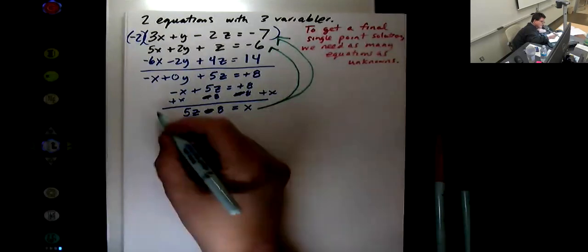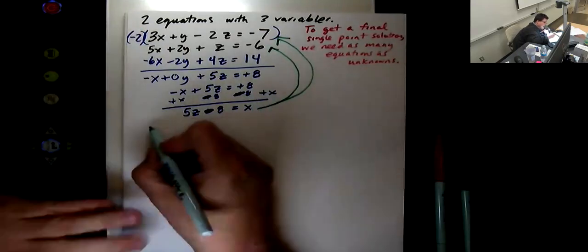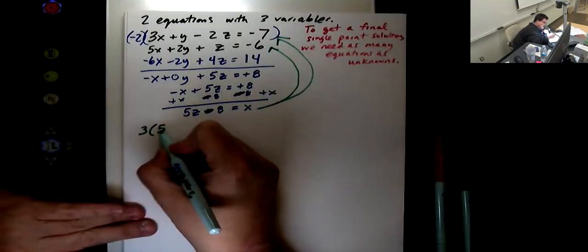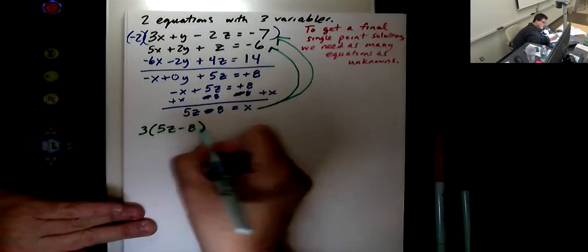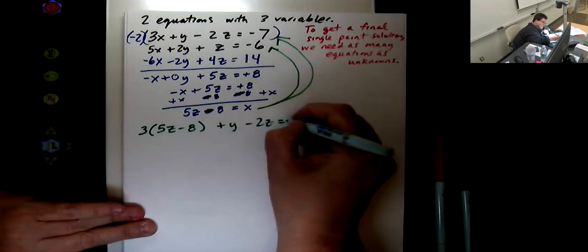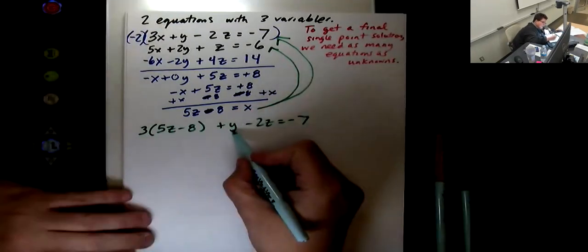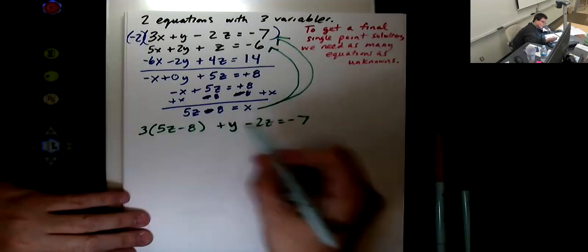Let's plug it into the one with the smaller x. Let's plug it into the 3. 5z minus 8 in place for the x, plus y minus 2z equals -7. Oh, that's a good choice because y is already by itself. And what we're going to try to do is get this one down to y as well.